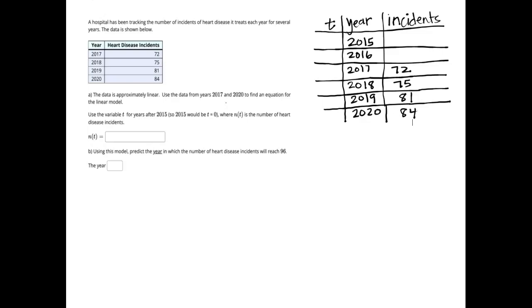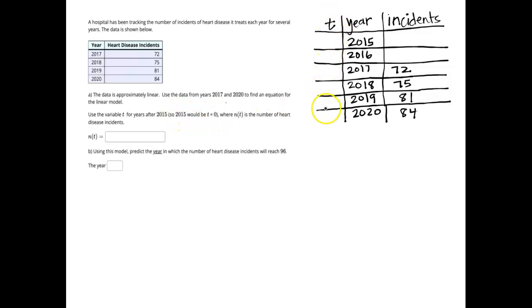So notice over here I made another chart just to try and help explain this a little bit better, and I think it would be helpful for you to write it out this way. So yes, they're telling you the years over here, 2017 to 2020, but they say that the time is going to start right at 2015.